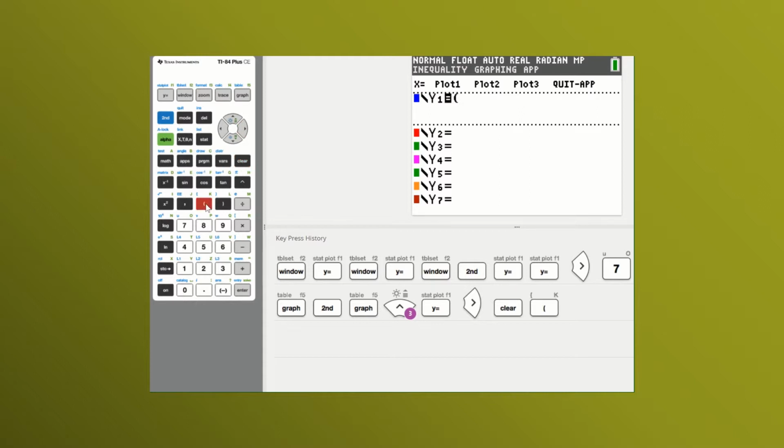I want to tell you it is always a good idea to put these fractions, these rational expressions, in parentheses. And you notice I put parentheses, 1/2, close the parentheses. You need to do that. And then I'm going to hit caret x because we're dealing with an exponential function.